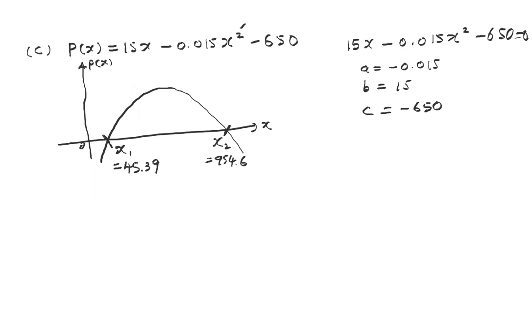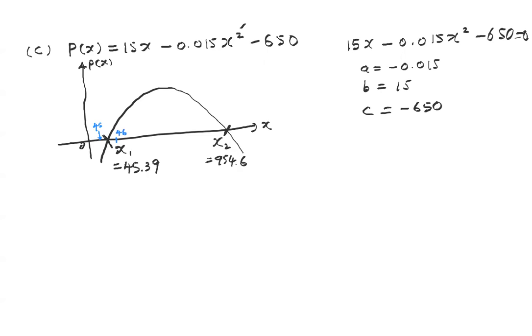Why do I want to sketch the graph now? Because the number of plates must be a whole number. So we have to make a choice. For X1, are you going to choose 45 or 46?